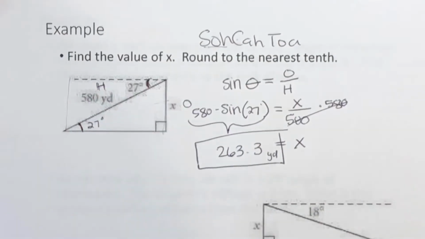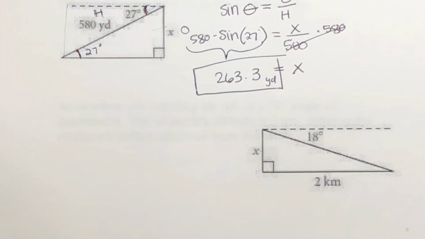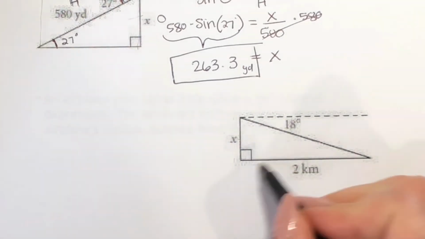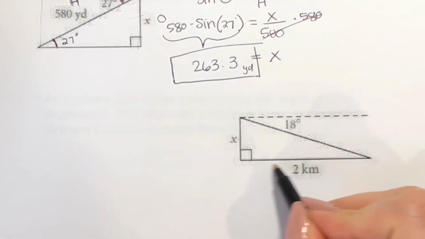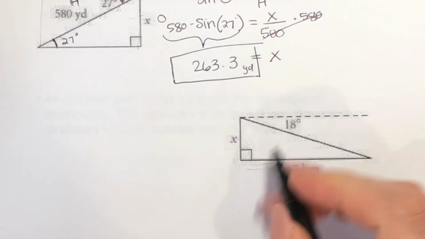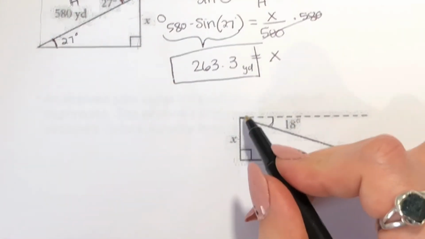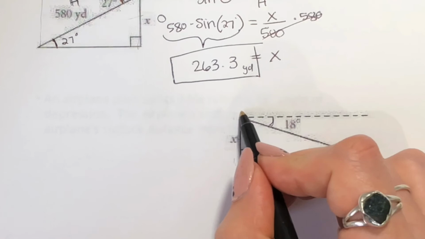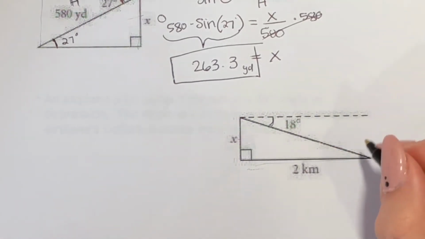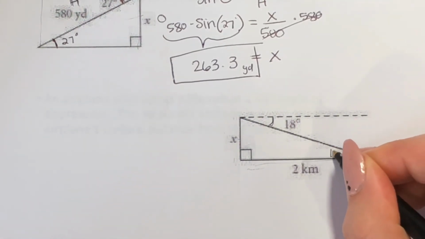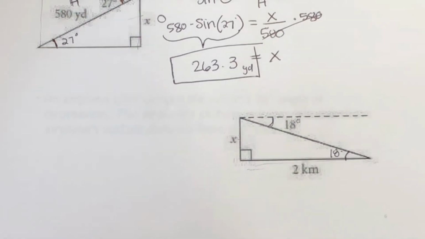Okay, let's try another one. So we have this triangle right here. They've told us that this bottom is 2 kilometers long. They've said that this top angle is 18 degrees, but remember, if these are two parallel lines cut by a transversal line, then this is also going to be 18 degrees. So we can label that one.